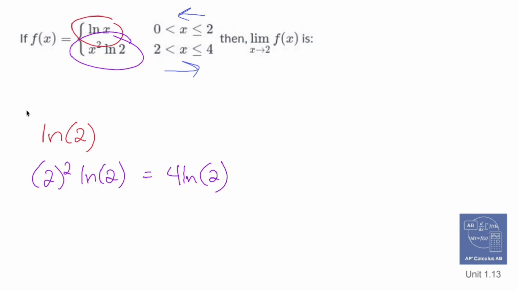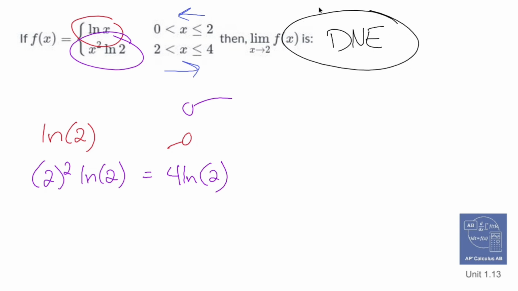So whatever ln of 2 looks like, 4 ln of 2 is going to look bigger. These guys do not match up at the same number. Therefore, the limit does not exist as x approaches regular old 2. So make sure that the left-handed side and the right-handed side match up. And if they don't, the limit does not exist.